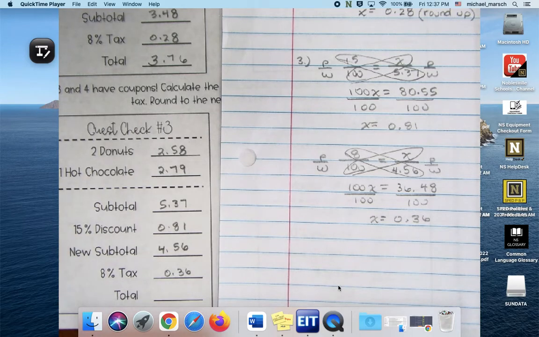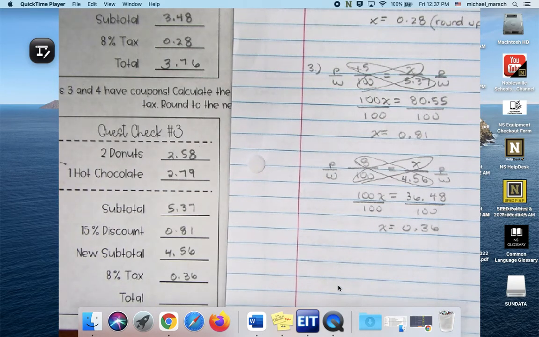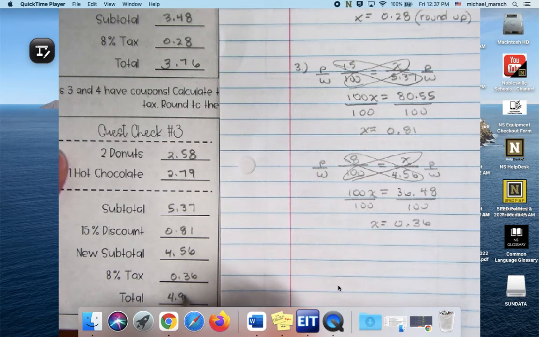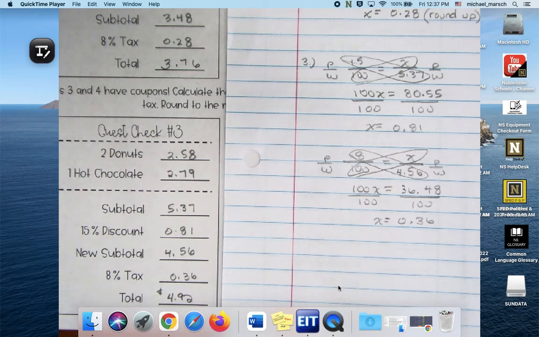Well, yeah, because it's not a whole lot that they're spending. They just got a couple donuts and a hot chocolate. Which kind of sounds like exactly what I would order if I went to this donut place. I don't want donuts now. Guys, didn't you get some today? Sure did. I don't buy students donuts.